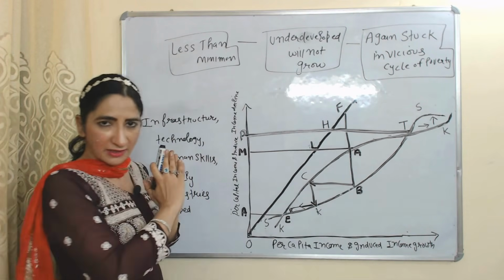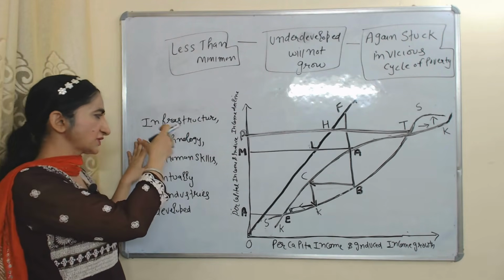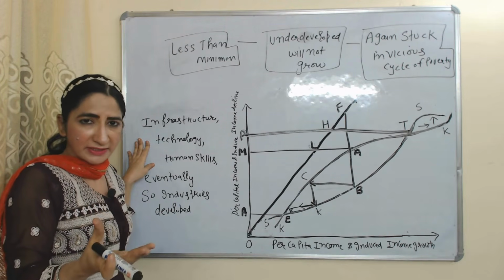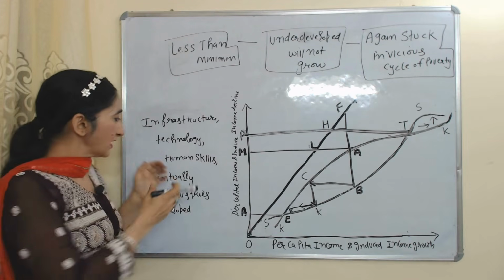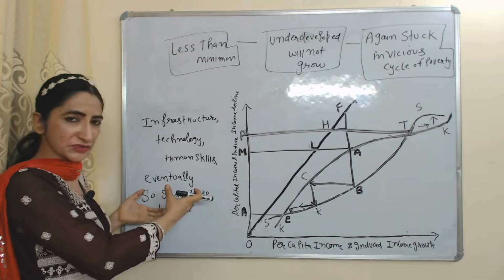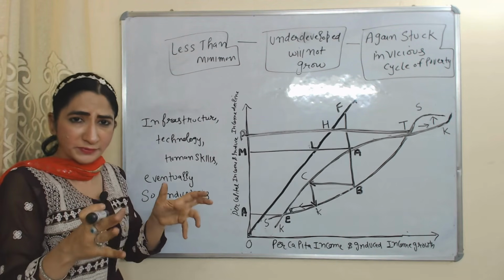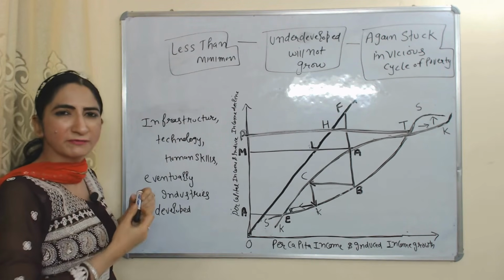We understand with the help of one example. Suppose we do investment on infrastructure, technology and human skill which is actually required in our country. That investment is equal to the minimum required investment. Eventually this investment promotes growth of so many industries, and these industries now continue to grow because now there are no obstacles in their growth in terms of lack of technology, human skills or infrastructure.